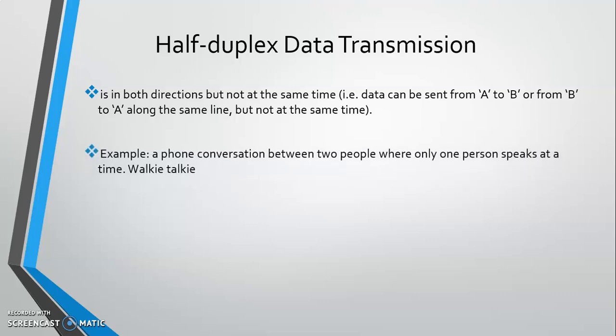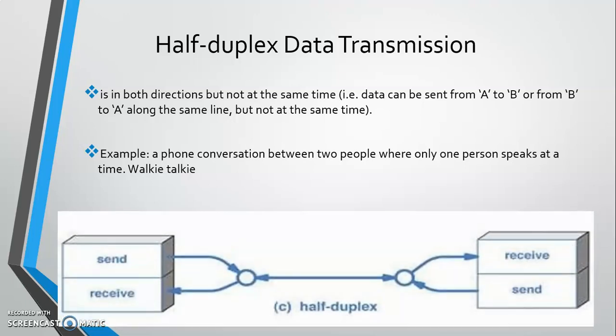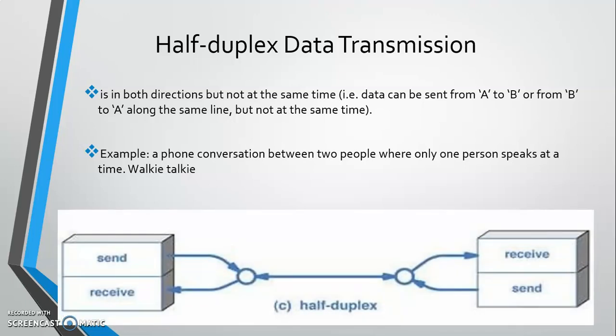An example is a phone conversation between two people where only one person speaks at a time, like a walkie-talkie. In half duplex, user A and user B can both send and receive data but not at the same time. They can send data or they can receive data, only one action performed at a time.